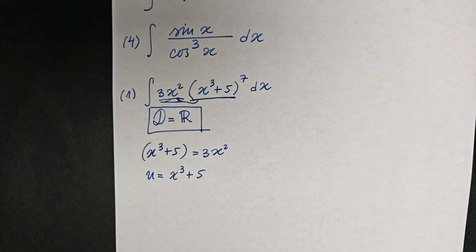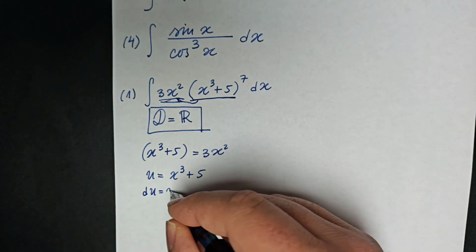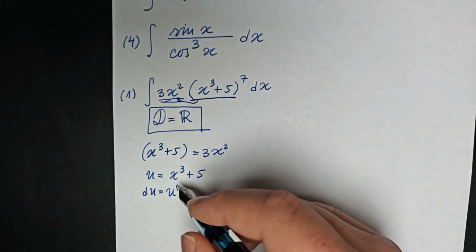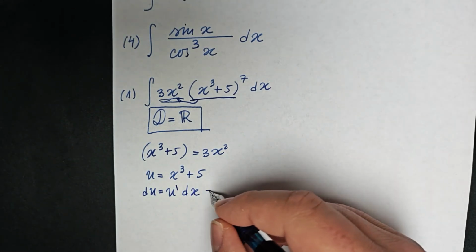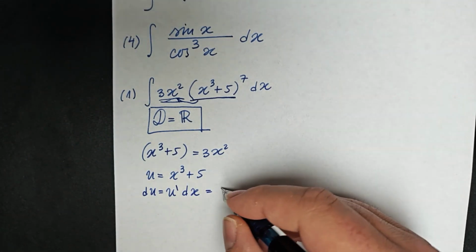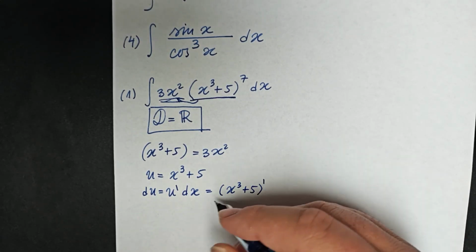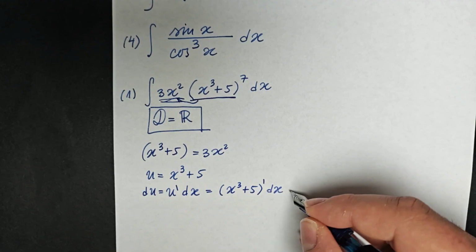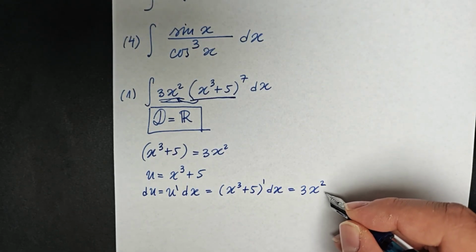The next step is to find the differential of u, that is du. du is the derivative of the u function with respect to x multiplied by the differential of x. This is equal to the derivative of x cubed plus 5, as that is u, multiplied by the differential of x, and this is 3x squared.